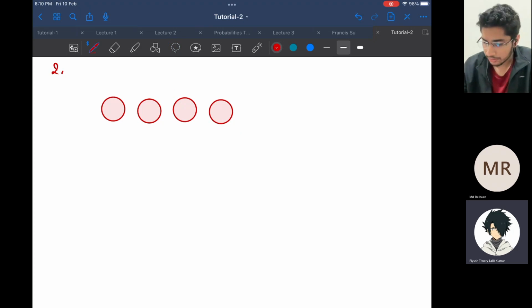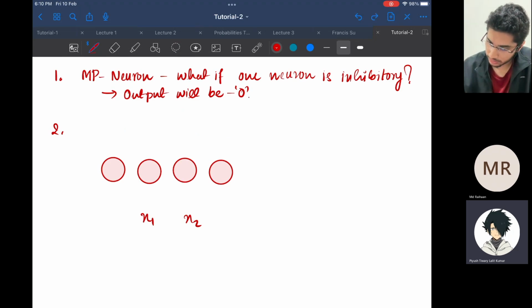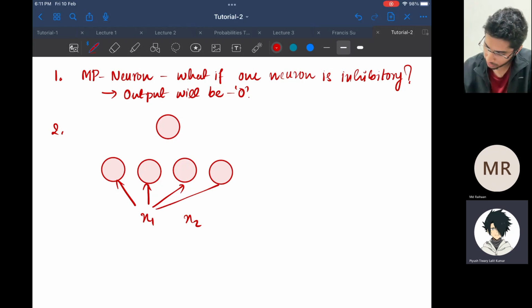There were four neurons, and you had two inputs, x1 and x2, and there was a final output. Each input was connected to every neuron here, and similarly you had these connections as well.